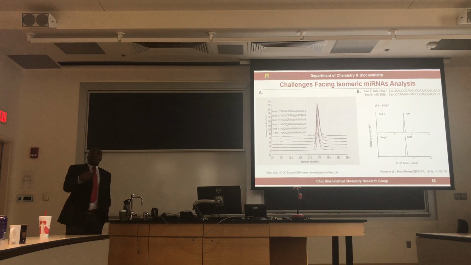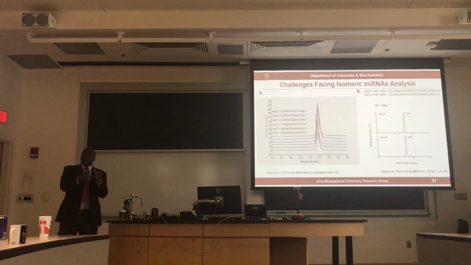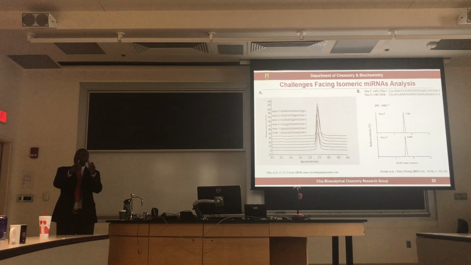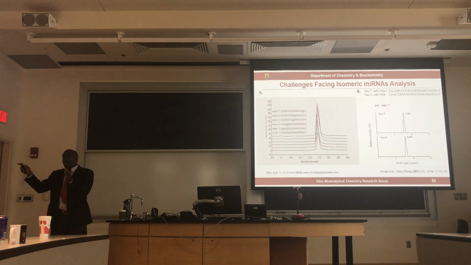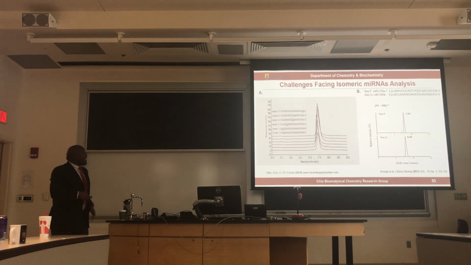Then they used different types of liquid chromatographic columns to separate. Remember, if you have a sample that contains different types of RNAs, then you need to separate them before you shoot them into the mass spec. So this separation is very critical when you are analyzing a mixture of RNAs. They found that using different types of columns, the flipping of the bases resulted in coelution of these oligos, or of these isomers.